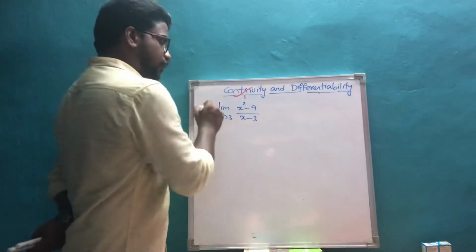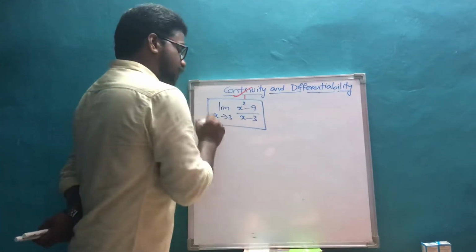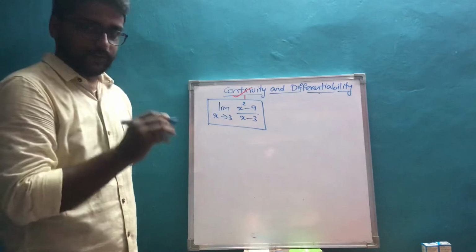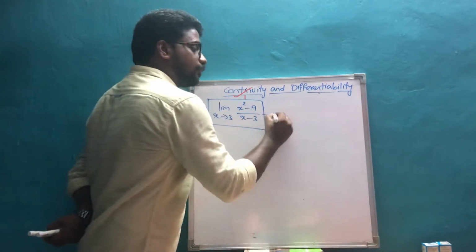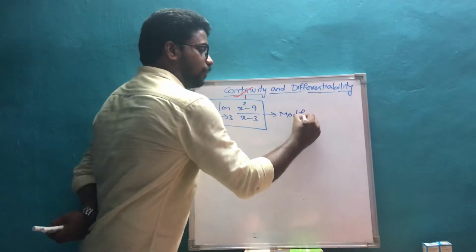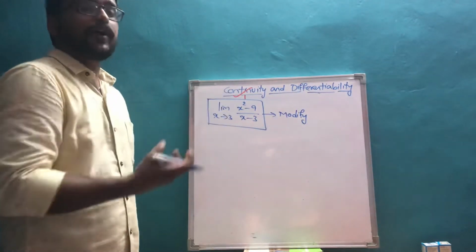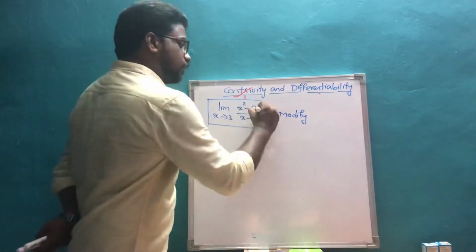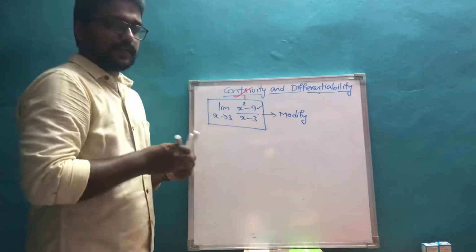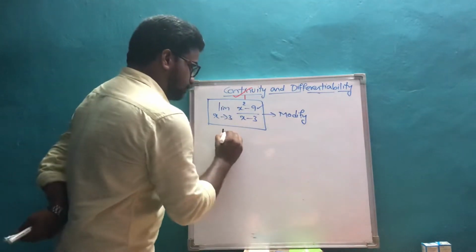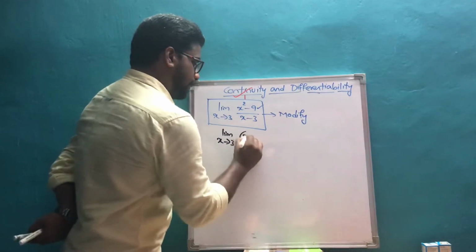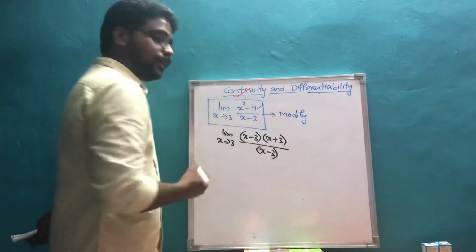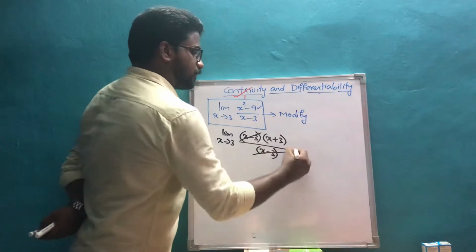The basic thing to recall with respect to limits is, when at any particular point the function is giving you an undefined value, you just have to modify this function into a simplified form so that you will get an answer for that question. In the numerator we make use of an algebraic identity so that it can be further simplified to limit as x extends to 3 of x minus 3 into x plus 3 whole divided by x minus 3. You can observe here, x minus 3 and x minus 3 will get cancelled.